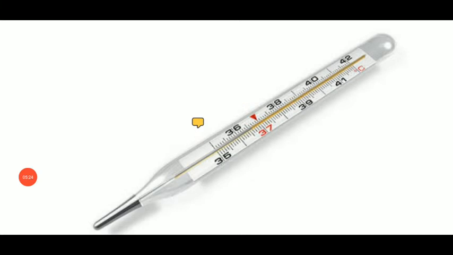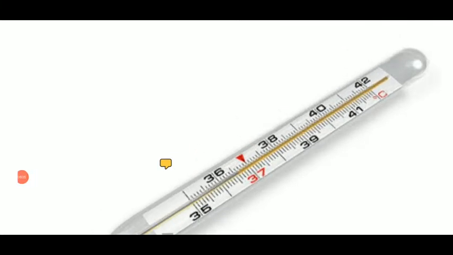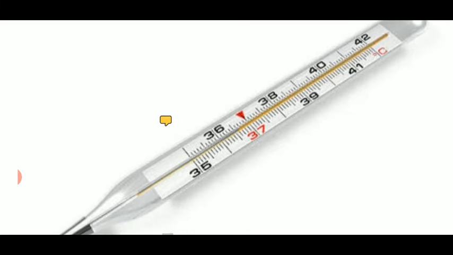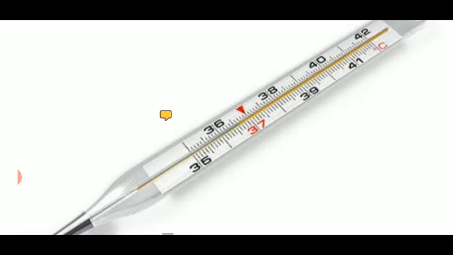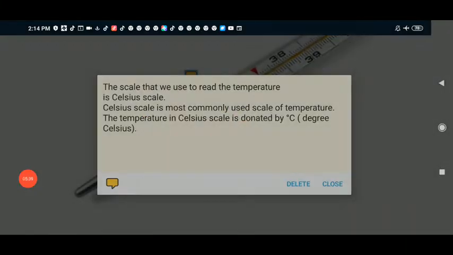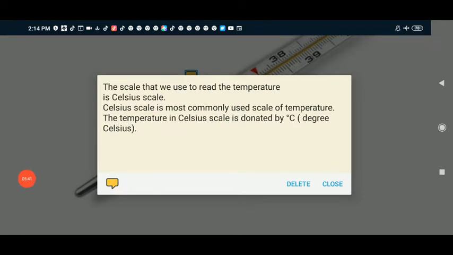You can also see here that on the glass tube, a scale is present to read the temperature. And the scale we use to read the temperature is Celsius scale. Now, what do we mean by a Celsius scale? The Celsius scale is the scale that we use to read the temperature, and it is the most commonly used scale of temperature.